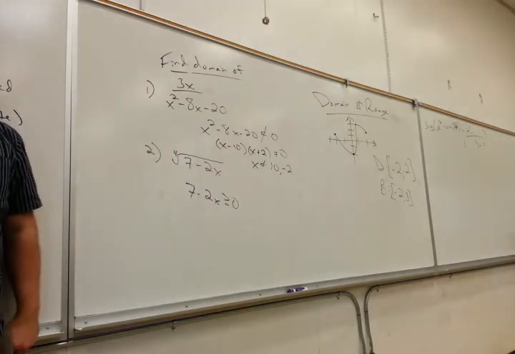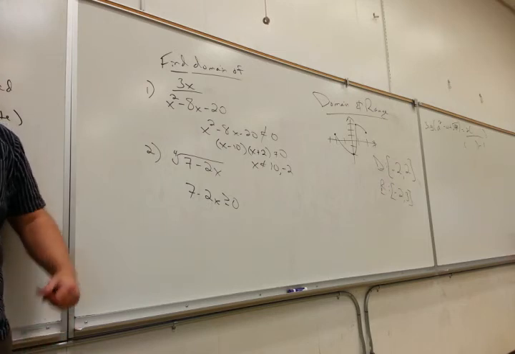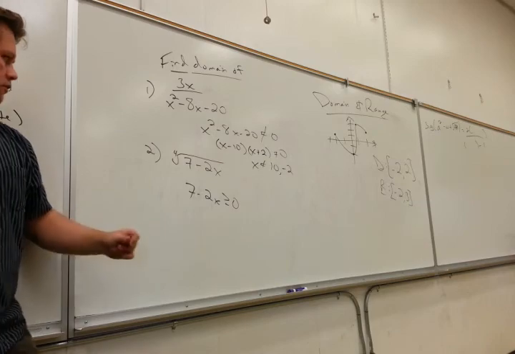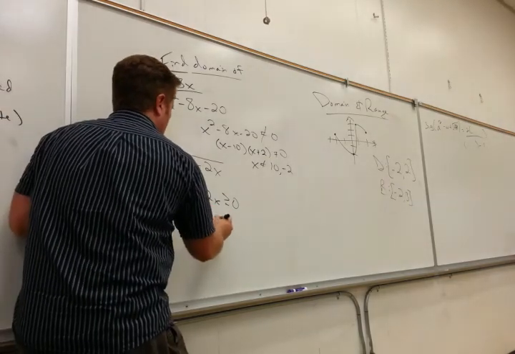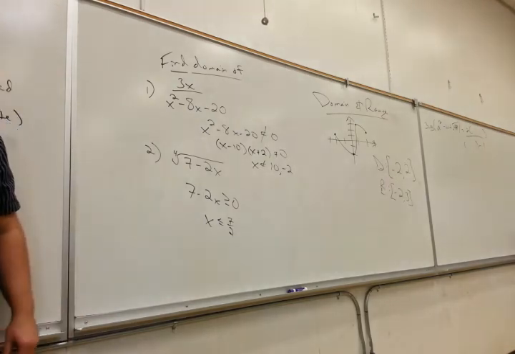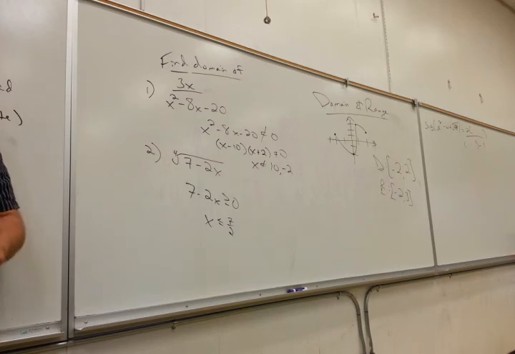If you can say it in English, translate that into math and solve. That's how you can always do those domain questions. So you solve this thing and you get that eventually.